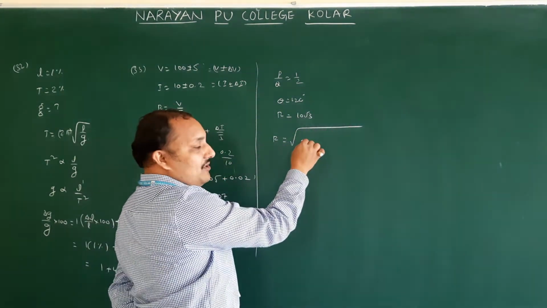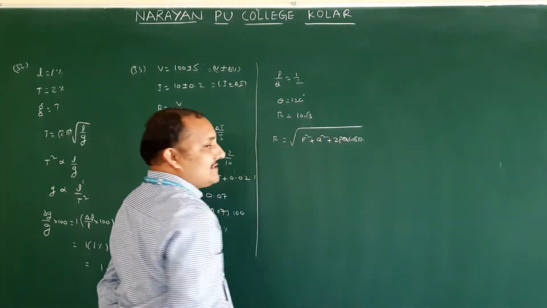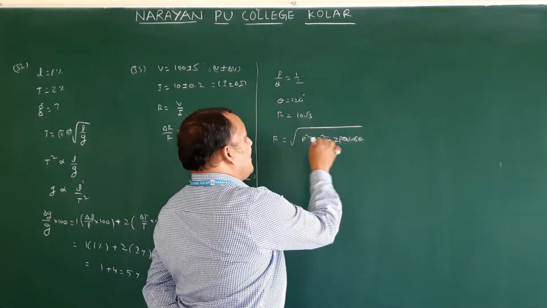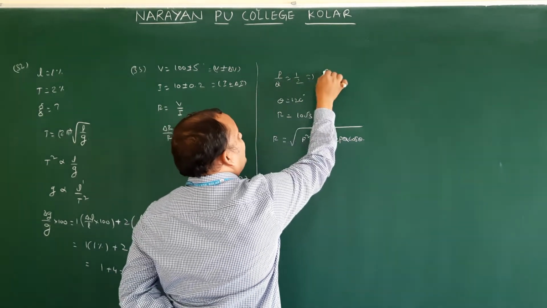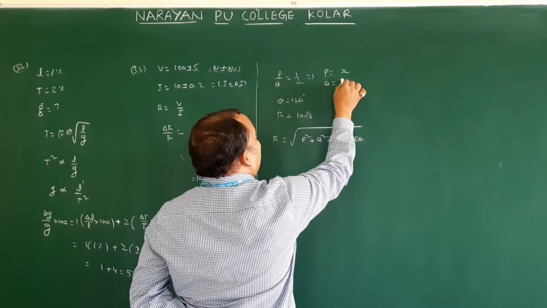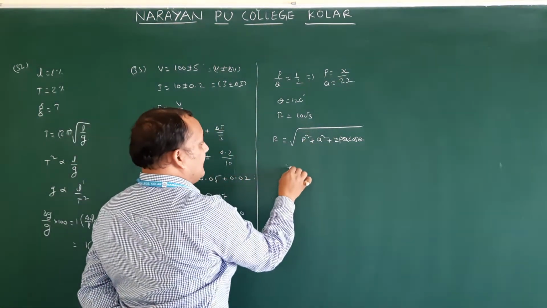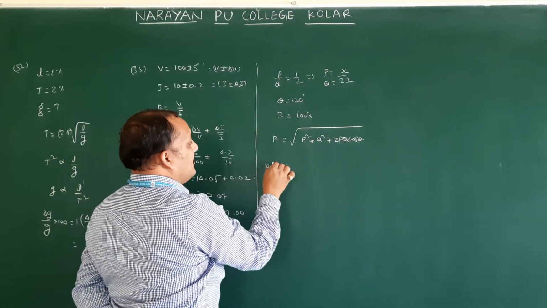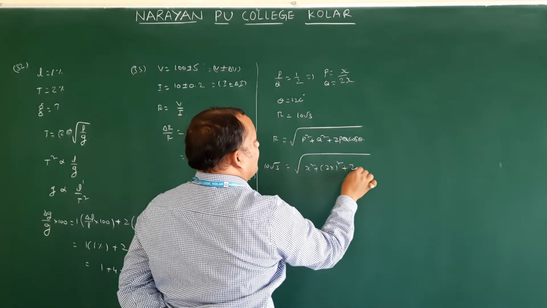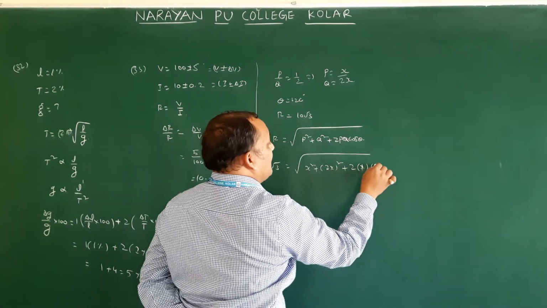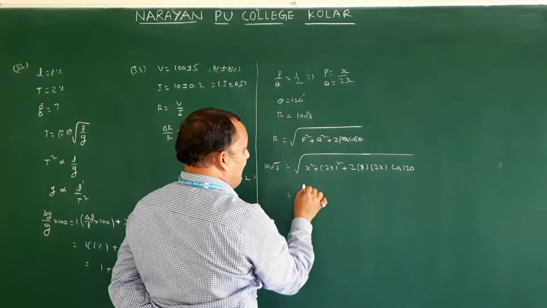What is the resultant formula? R is equal to the square root of P square plus Q square plus 2PQ cos theta, as you know very well. P by Q is 1:2, which means P is equal to x and Q is equal to 2x. The ratio is 1:2 only. Therefore substitute the values: R is 10√3, so P value x square, Q value 2x whole square, P value x, Q value 2x, cos 120.